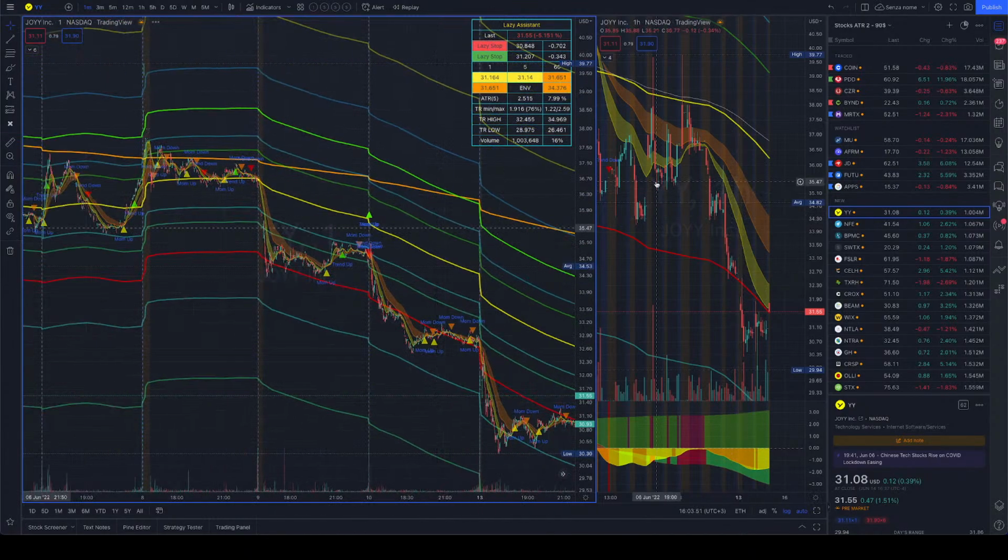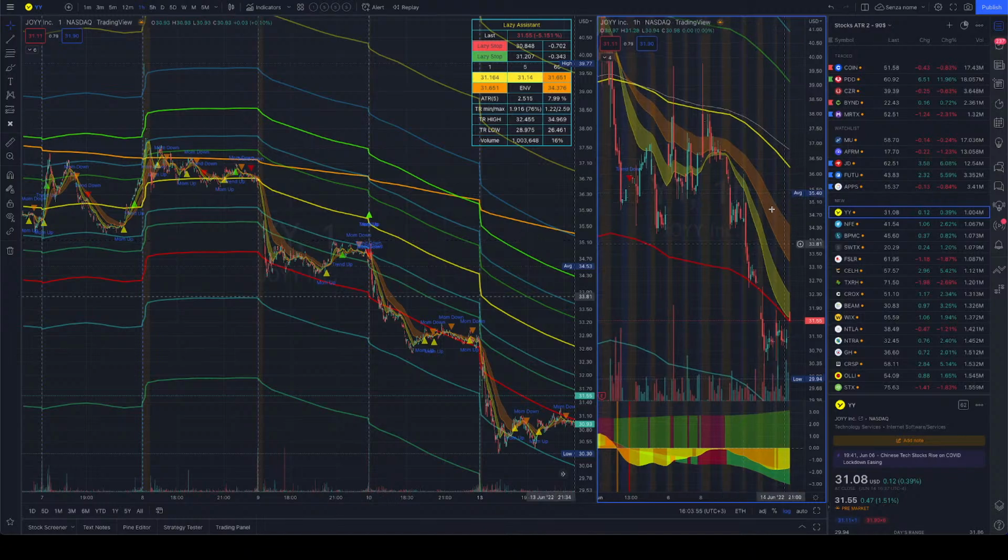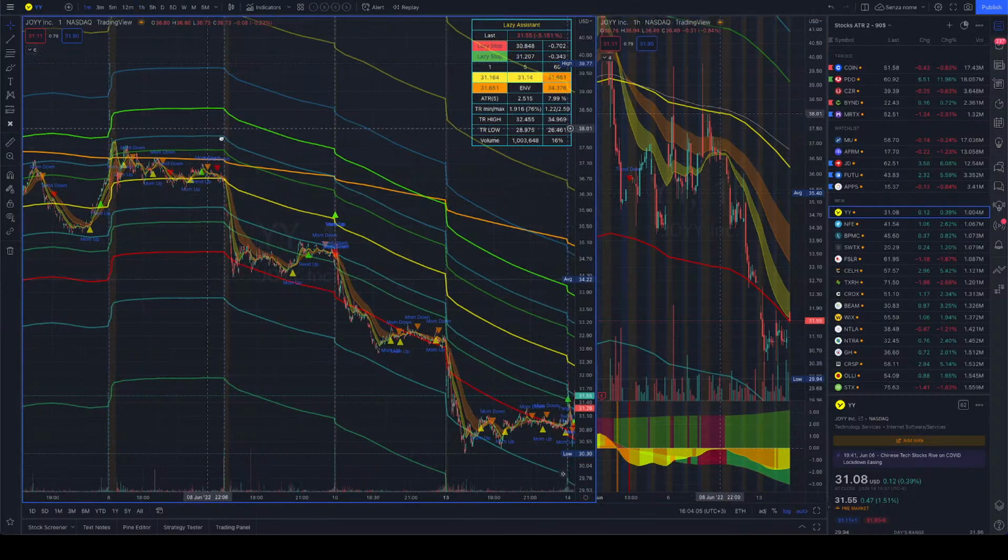So just a little bit to explain how we'll be looking at this. First we need to see that we have a trend on the 1 hour chart, and then after we find some trend or consolidation phase, we look for a breakout.